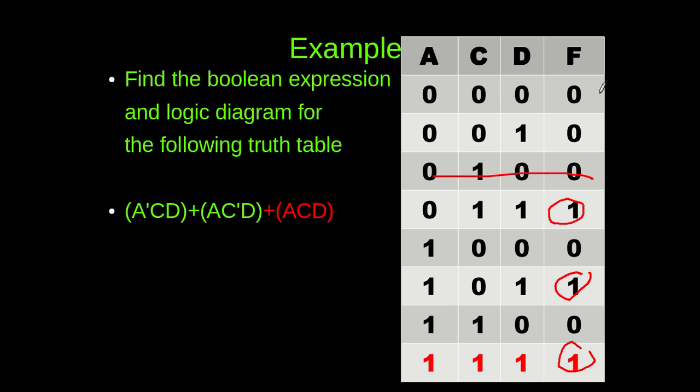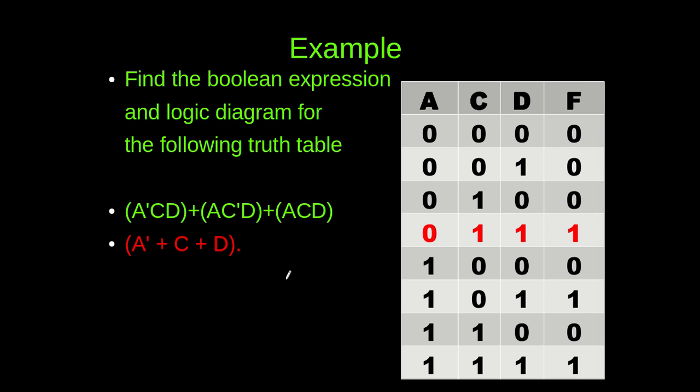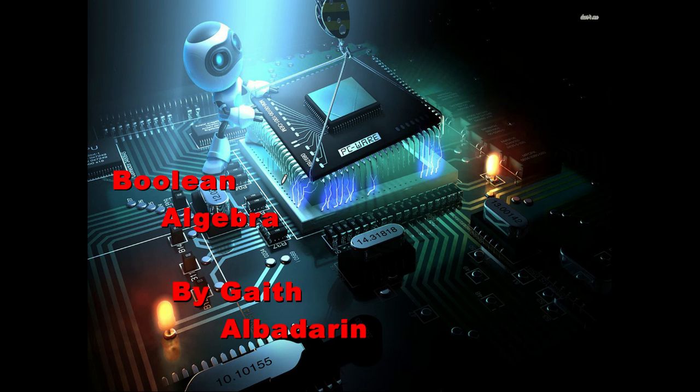If I had a 1 here, I'm going to have plus A naught, C naught, D naught. There's also the product of sums, but there we take the zeros, not the ones.